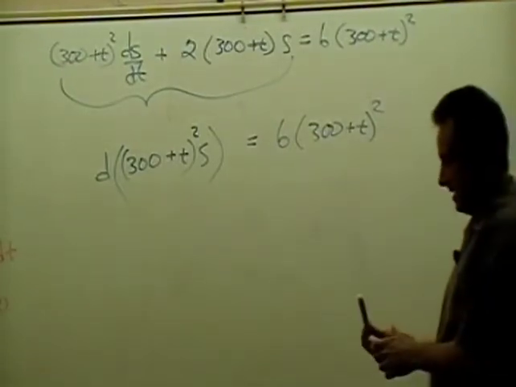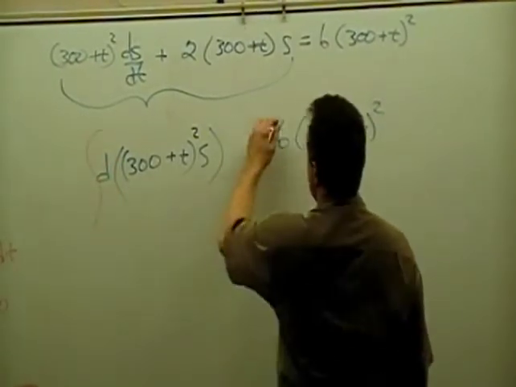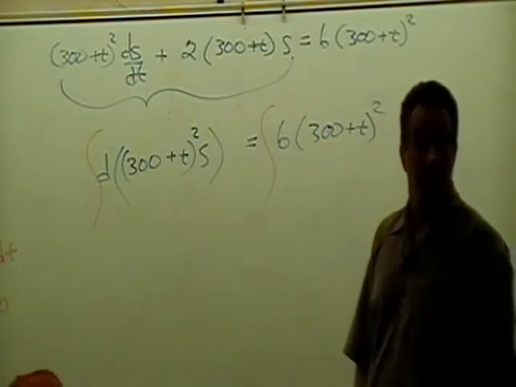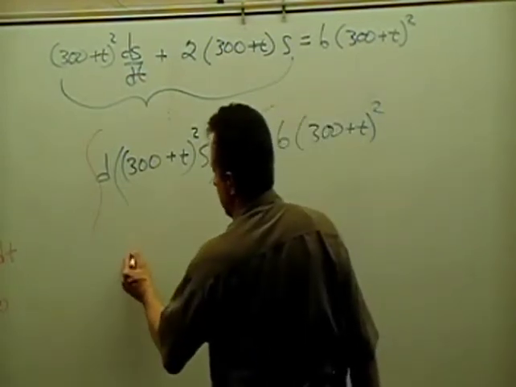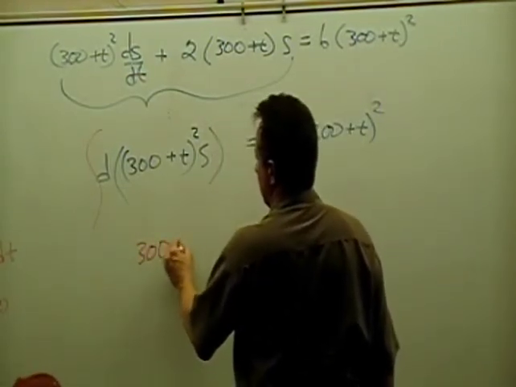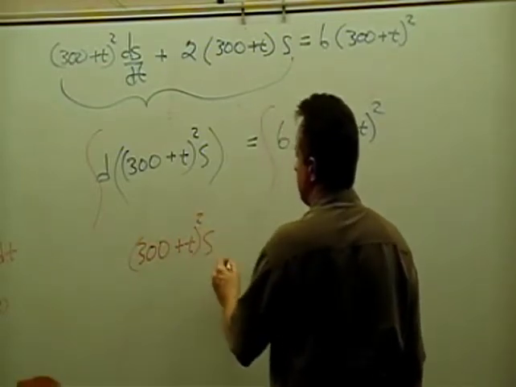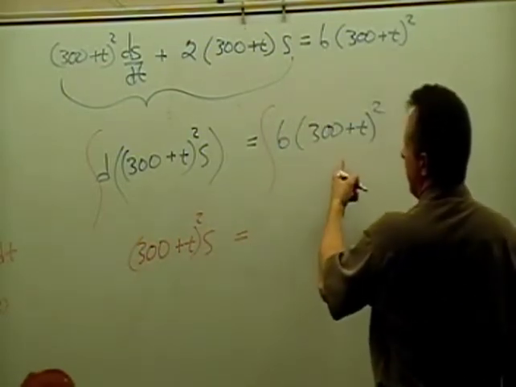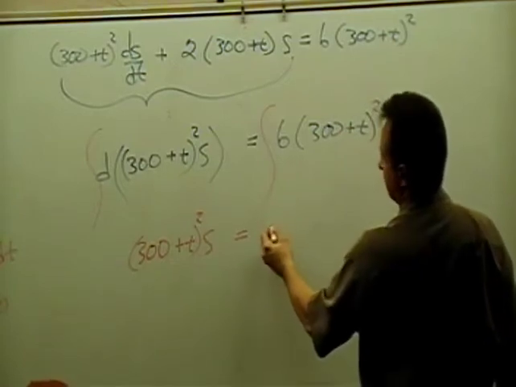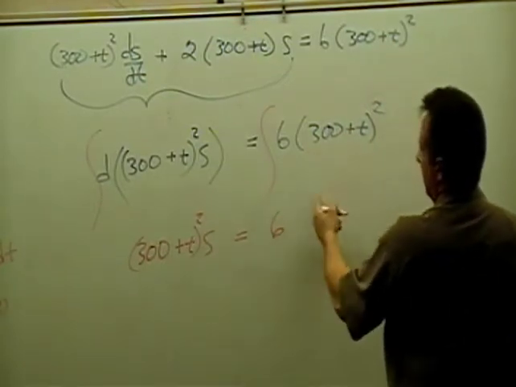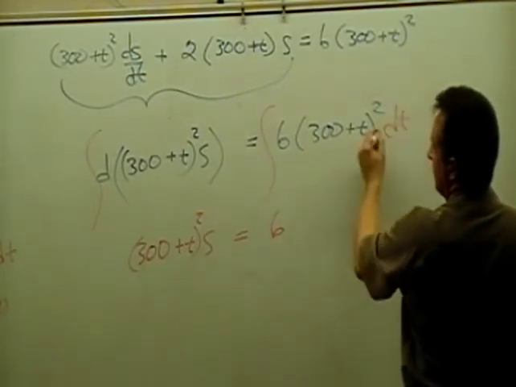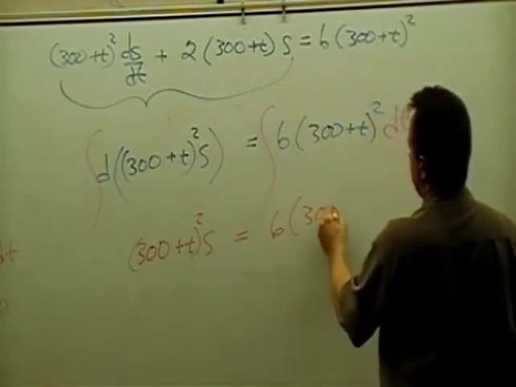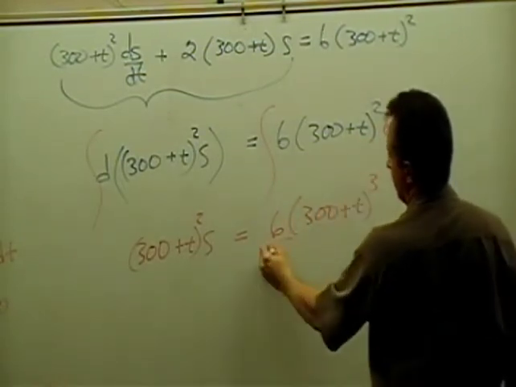And now I integrate both sides, just solving a linear differential equation of order 1. This becomes (300 + t)² s equaling, integrating this, and what do we get? You'll get 6 times, if you use simple substitution, (300 + t)³ over 3 plus some constant.